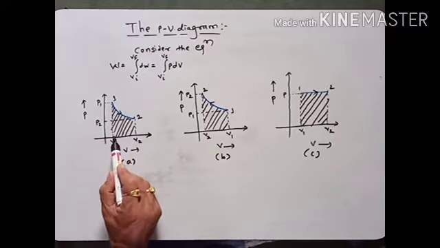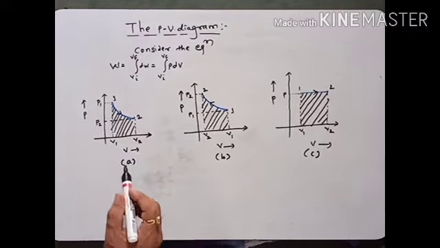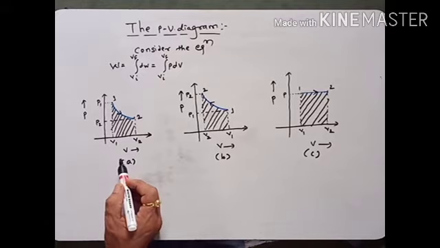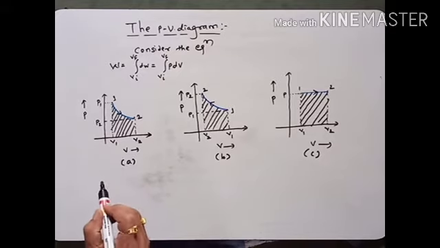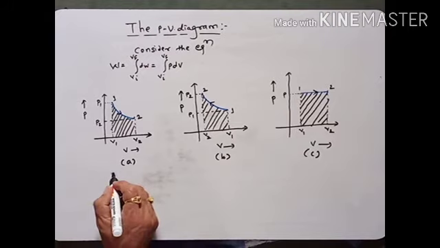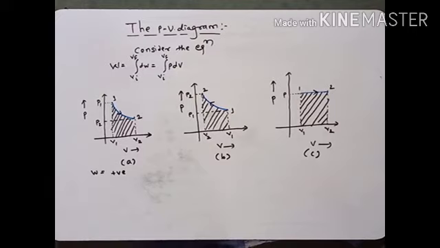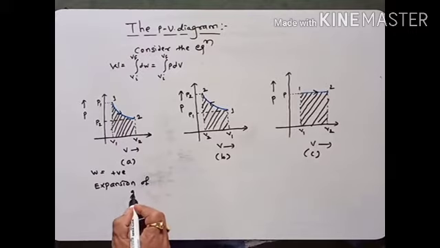Here volume increases and pressure decreases. That means there is an expansion of the gas, and the work is positive.